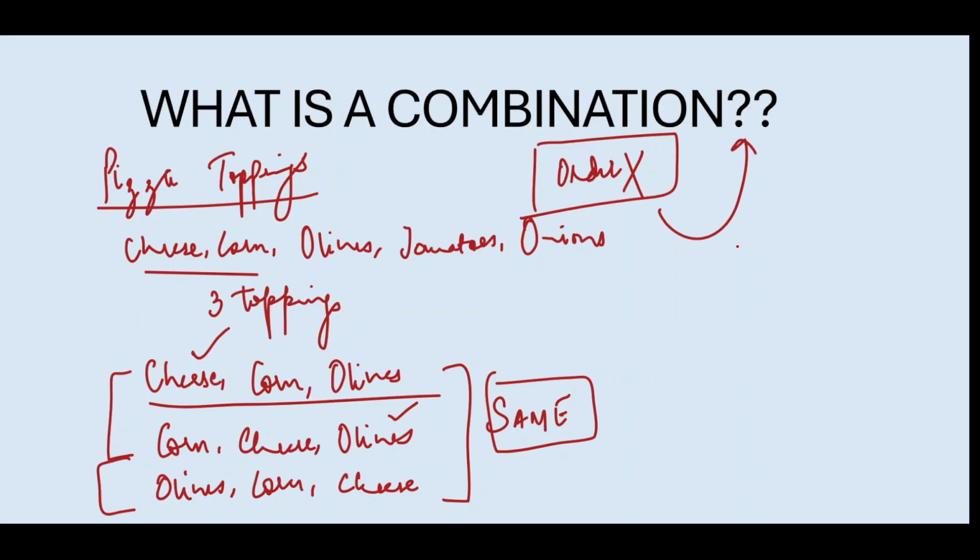Permutation is the arrangement of things where the order of those things matters. And combination is just a selection of a few things where the order or the arrangement of those things does not matter.